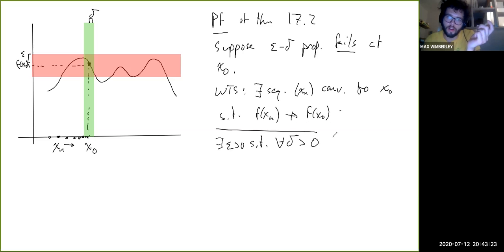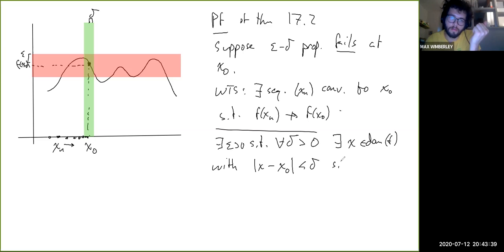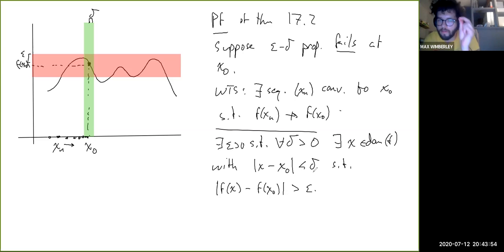So there exists some value of x in the domain of f with the absolute value of x minus x naught less than delta, such that the absolute value of f of x minus f of x naught is greater than epsilon, right? This is what it means to say that our choice of delta didn't work. There's at least one value of x within that delta where f of x breaks the bound, basically.